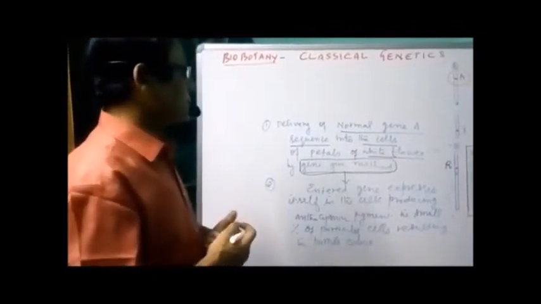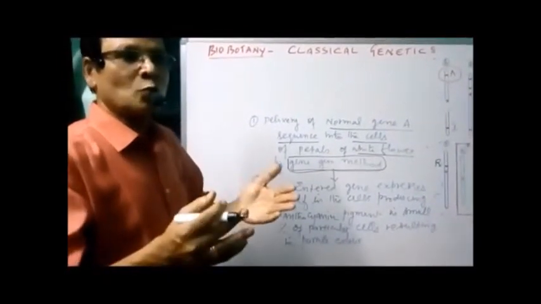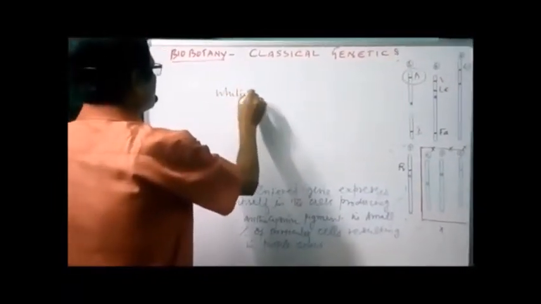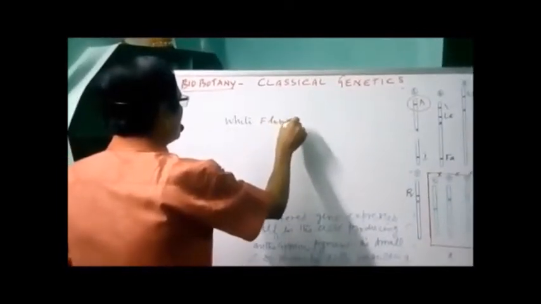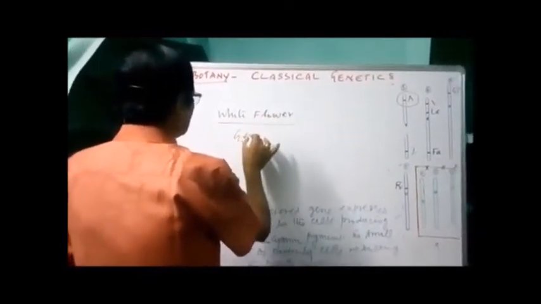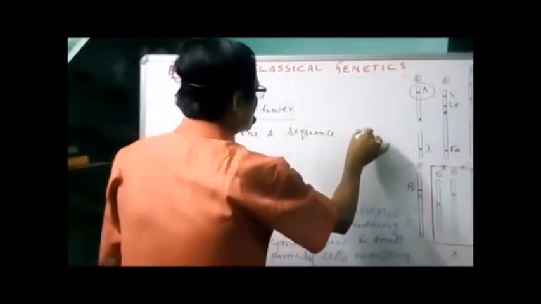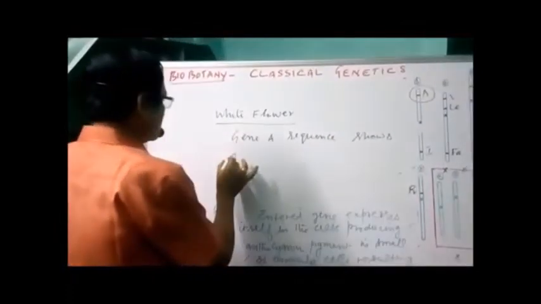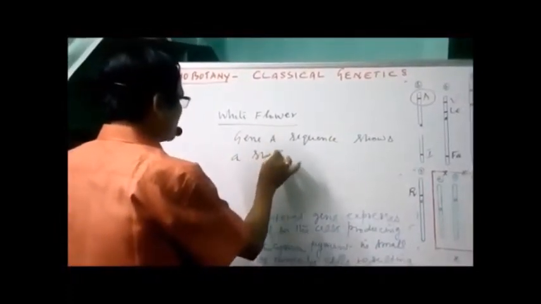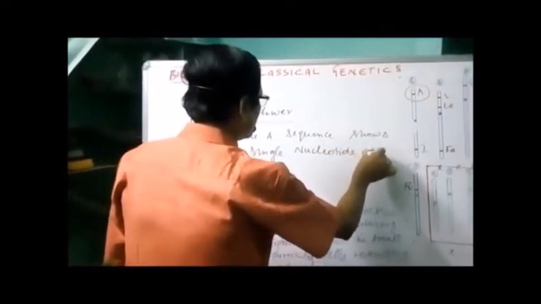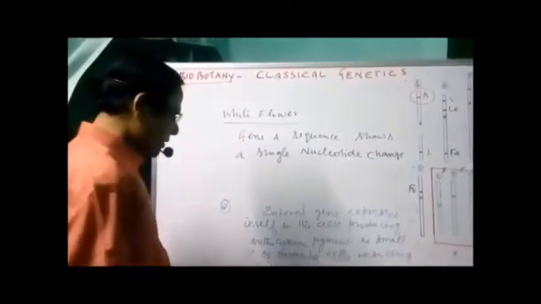Then, what is the reason for the appearance of white color? The gene A sequence in the white flower shows a single nucleotide change, that is, a single base change.